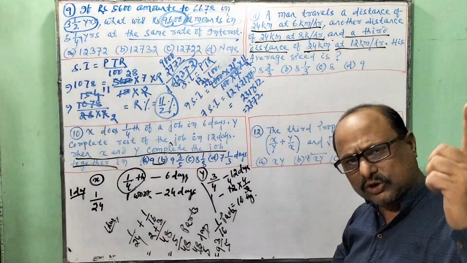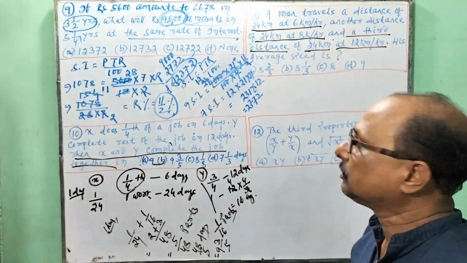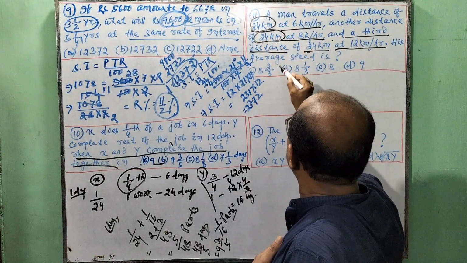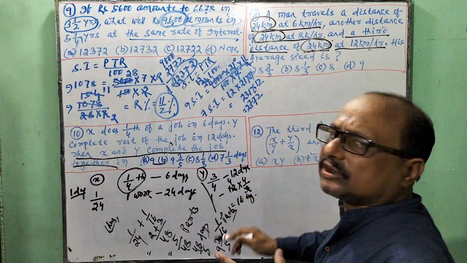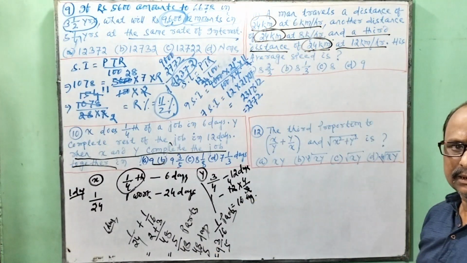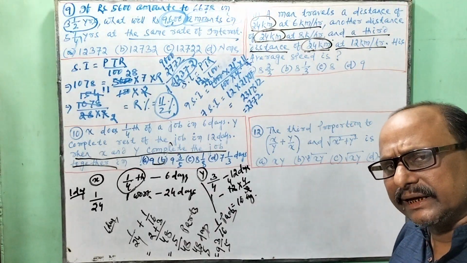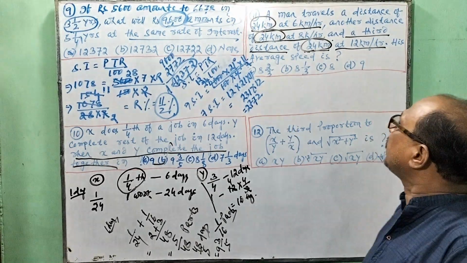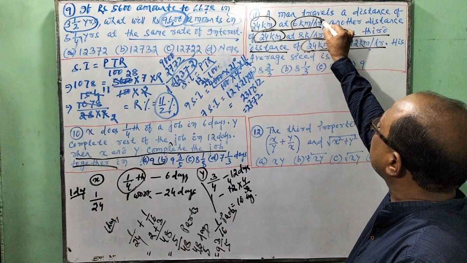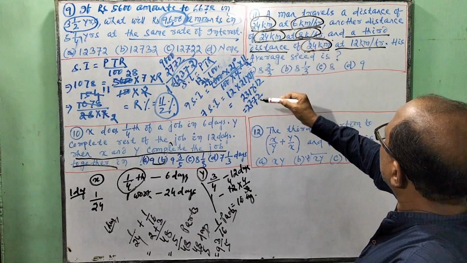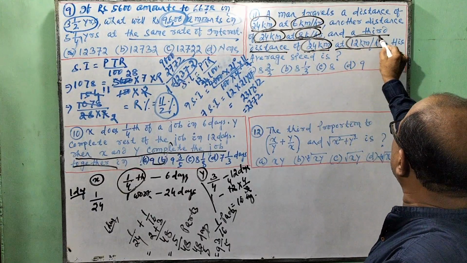So the question tells us 3 equal distances are covered by a man at 3 different speeds: 6, 8 and 12 kilometer per hour.